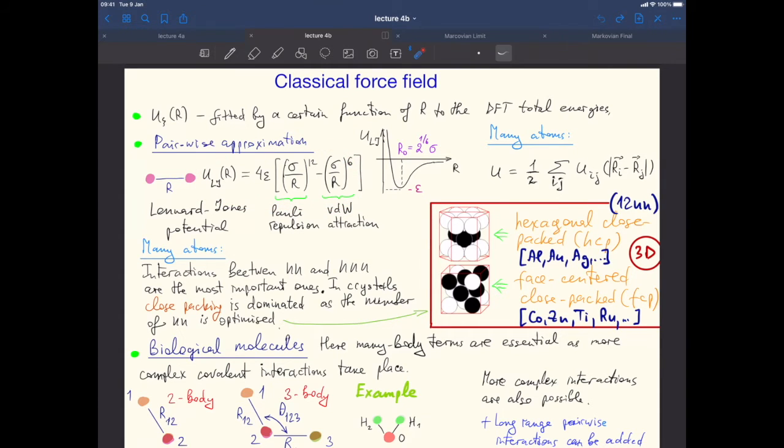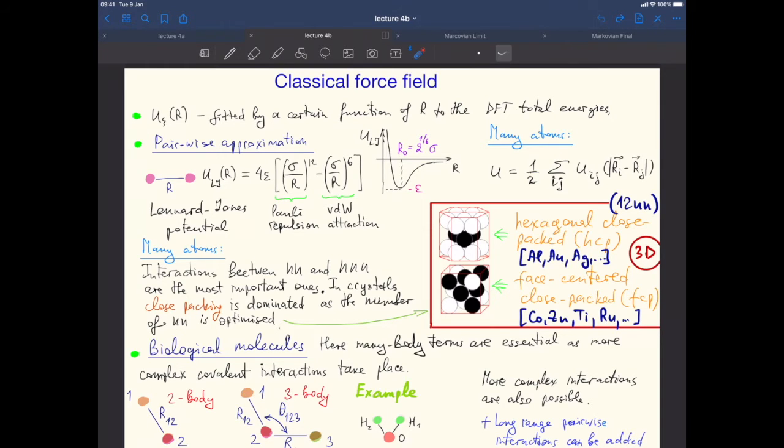This Lennard-Jones potential has this quite characteristic form with a minimum at a position around sigma. Sigma is a parameter, and another parameter is epsilon. And at that position, actually it's sigma times this prefactor, 2 to the power of 1/6, the energy is minus epsilon.